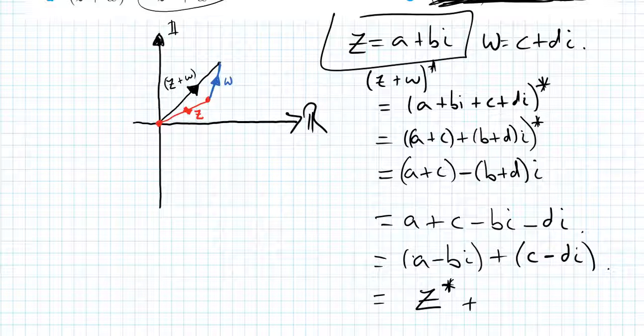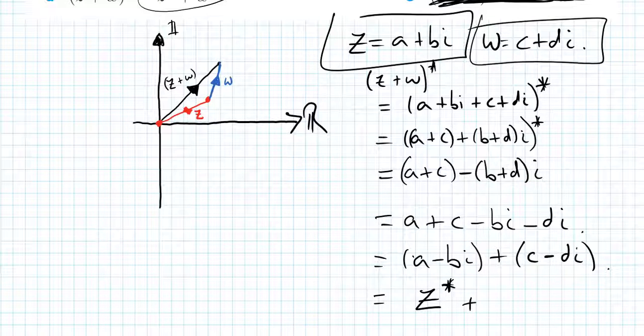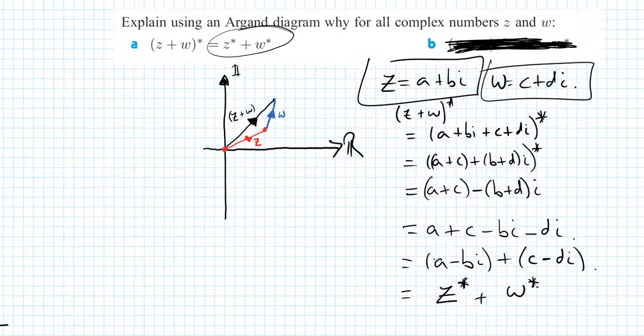And if w was c + di, what we've got there, c - di, is w*. So we've done it, we've proved it. We started off up here with (z + w)*. We've proved it's z* + w*. Okay, so that's a nice proof there.